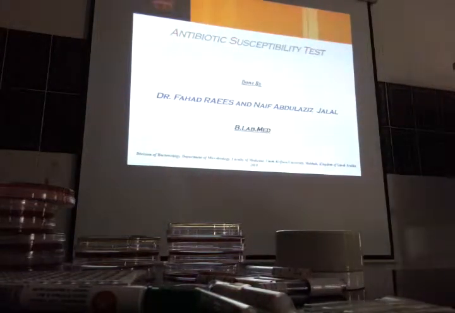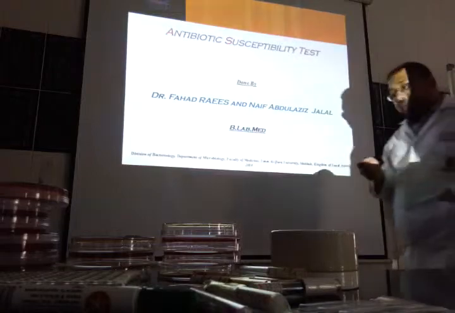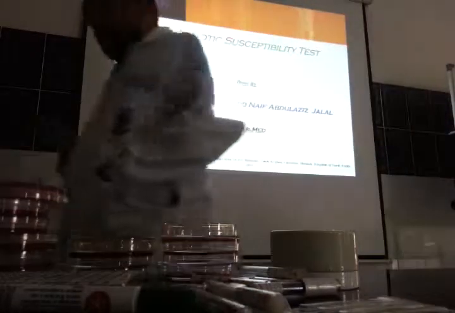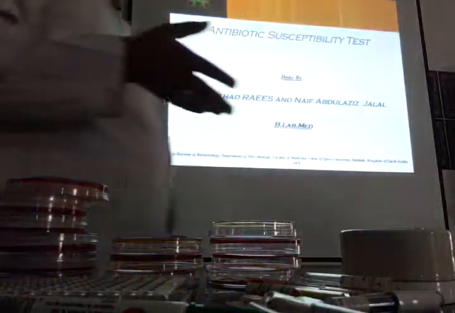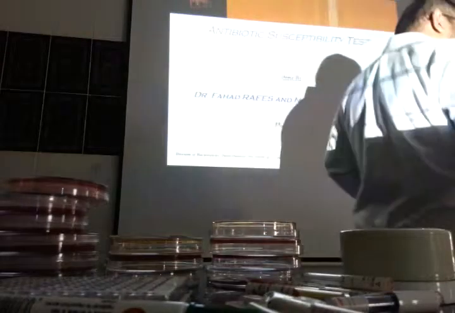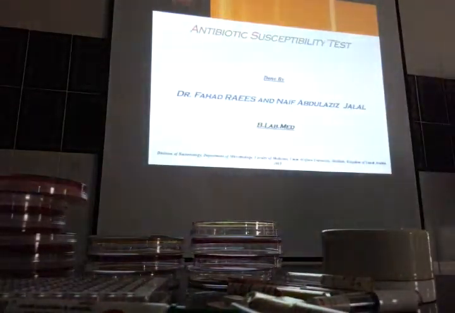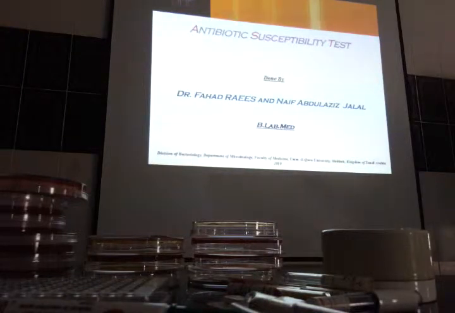From when we started, we got some bacteria, we saw the shapes, cocci, bacilli, every one of the shapes. Then we started identifying them by staining them. We did gram stain, gram positive, gram negative. Then we did biochemical testing. In that we identified different bacteria, streptococci, catalase test, coagulase test.